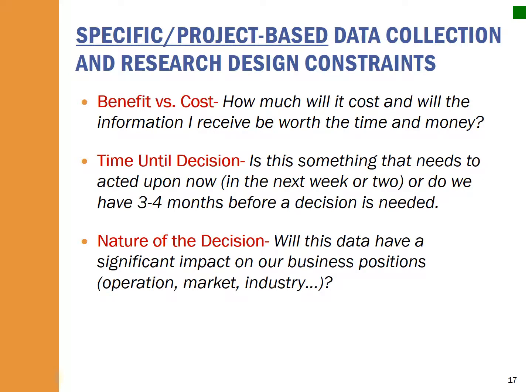Third, we want to think about the nature of the decision in the sense of how important the decision is, and whether when you make the decision, it will have a very, very big impact on your firm. If it does, then you want as much information as possible before you make that decision. So if the decision is very important, then it gives you more reason to do research on a specific project-based level.